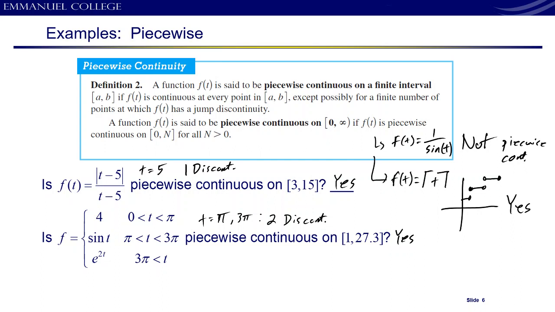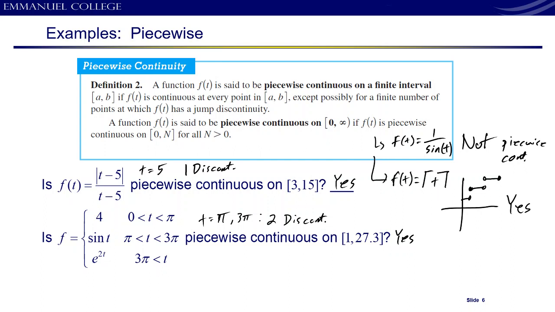Now, piecewise continuity kind of implies that there's a piecewise function. You could technically rewrite the absolute value of t minus 5 over t minus 5 as being less than 1 at 5 and greater than 1 after 5, so you could rewrite it as a piecewise function. 1 over sine of t, you can't rewrite as a piecewise function.